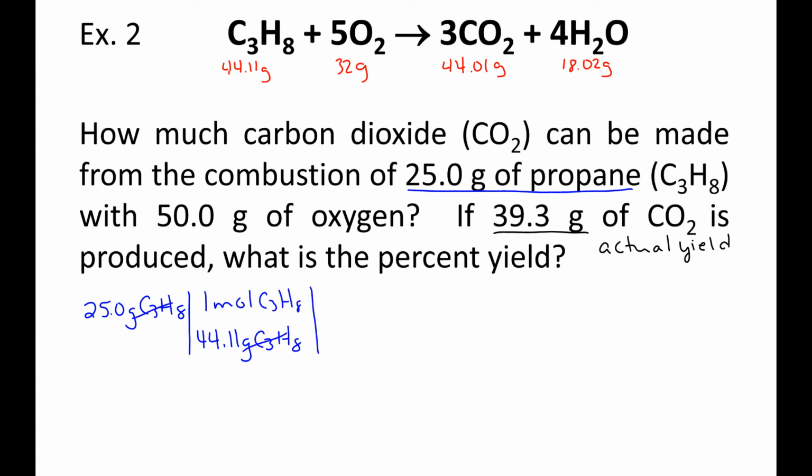Then 1 mole. This is where our mole ratio comes in. We're looking for carbon dioxide, so it's 3 moles of CO2. 1 mole of CO2 has a mass of 44.01 grams of CO2.